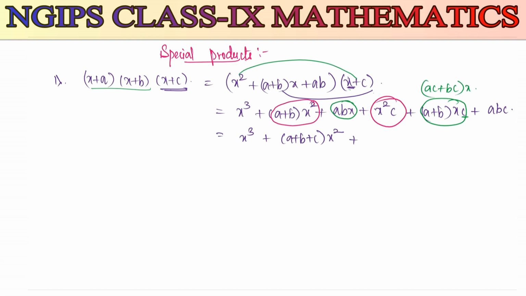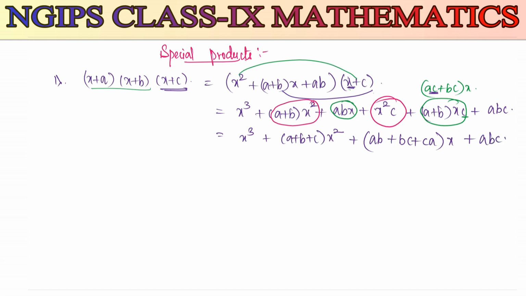So if you compare this, the coefficient of x is common. When you take x common we get (ab + bc + ca) into x, here ac and ca are the same, plus the leftover abc.